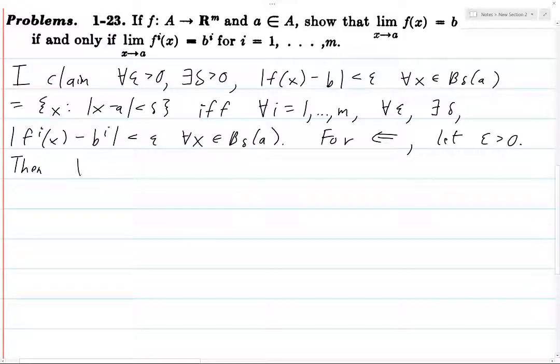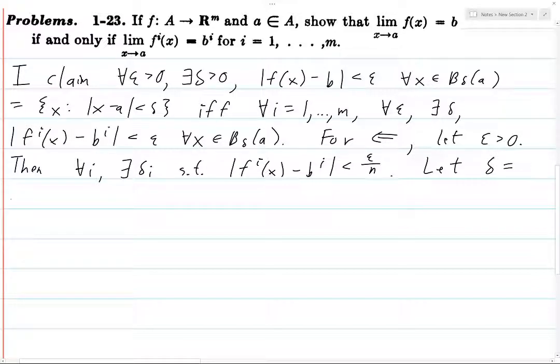So for every single index i, there exists a delta_i greater than 0 such that the norm of f_i of x minus b_i is less than epsilon over m. Now we let delta be the minimum of delta_1 through delta_m. Because there are finitely many delta_i's, this number is going to be some number greater than 0.